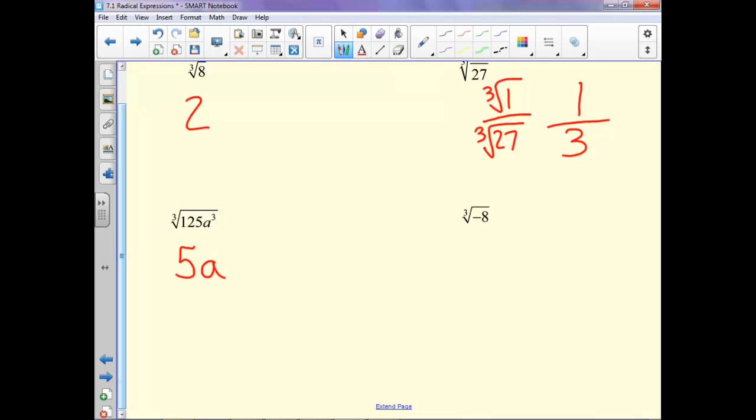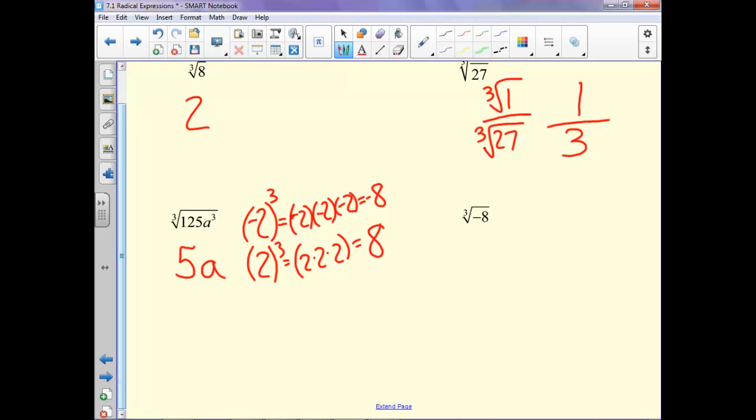So if we have, for example, negative 2 cubed, that's negative 2 times negative 2 times negative 2, which is negative 8. But if we have 2 cubed, we'll have 2 times 2 times 2, which is a positive 8. So now, if it's a negative when it's getting cubed, we end up with a negative. So the negatives aren't going to disappear by multiplying out.